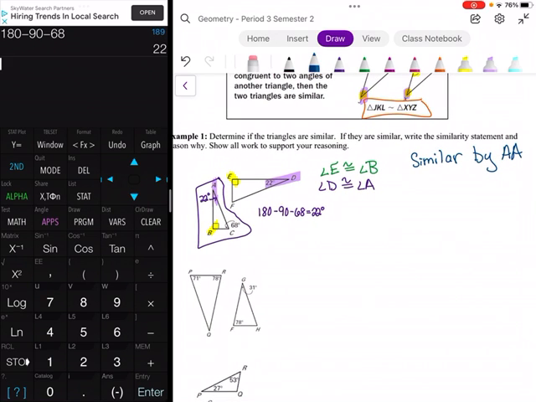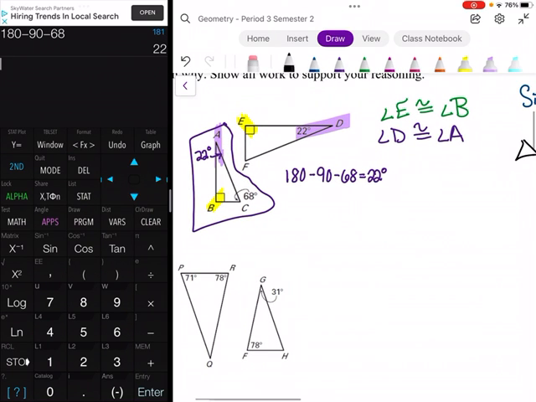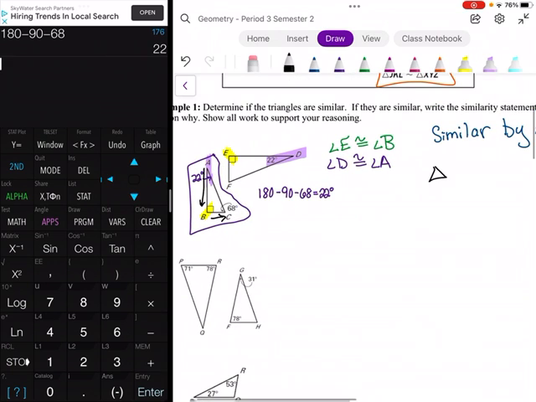Once we have that, we're going to go ahead and write our similarity statement. When you write your similarity statement, you are going to name both of the triangles. So if we name the first one triangle ABC, we'll write that over here. Then we'll use the similar symbol, which is kind of like that little squiggly line. When we name our second triangle, we have to follow the same order of corresponding parts.